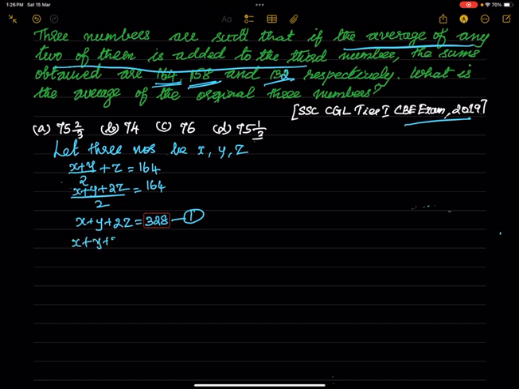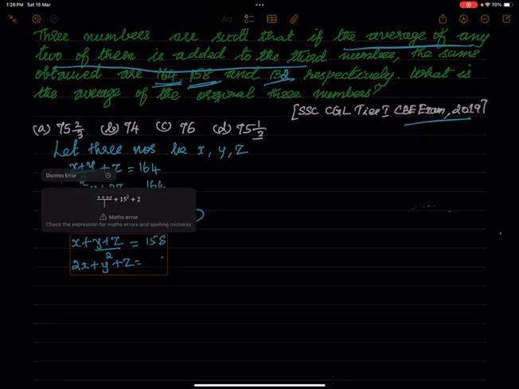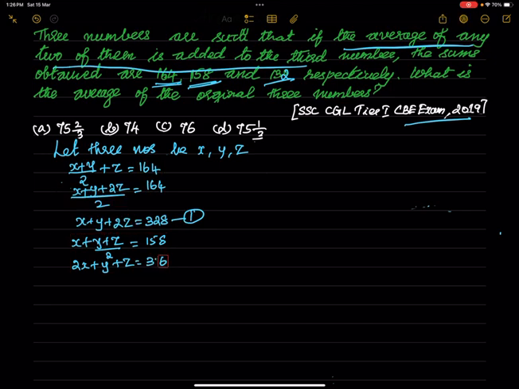I am adding the average of the second and third number to the first number, which is equal to 158. After taking LCM and doing cross multiplication, I am getting 2x plus y plus z is equal to 316. This is the second equation.